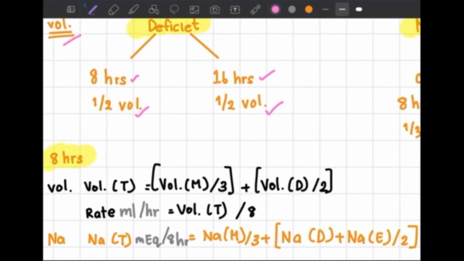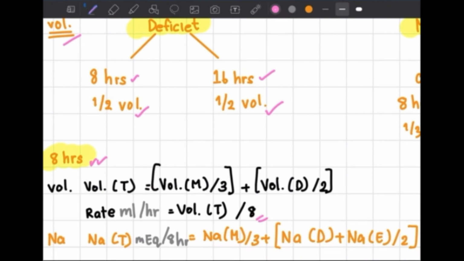Let's look at this in a slightly different view. What do we need to have in the first 8 hours? The total volume would be volume maintenance divided by 3 plus volume deficit divided by 2. And the rate of this 8 hours would be the total volume divided by 8 hours.